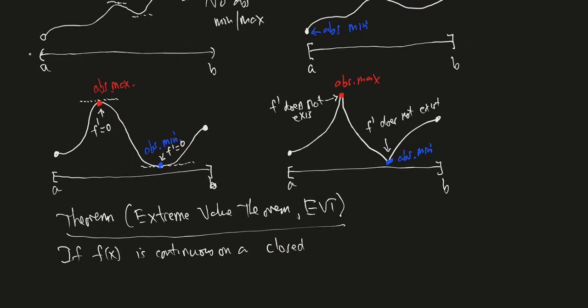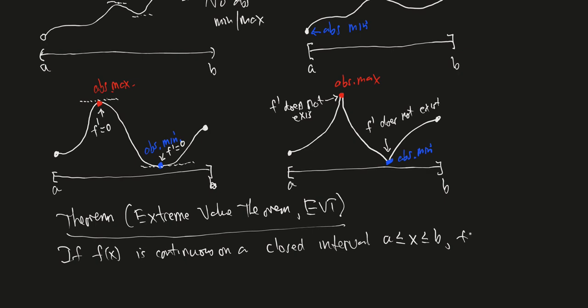Even here, where the interval isn't closed, right? There is no guarantee. So if f of x is continuous on a closed interval, and let me use my inequality. So here is the interval, right? And we notice the equal sign that tells us that the endpoints are included.